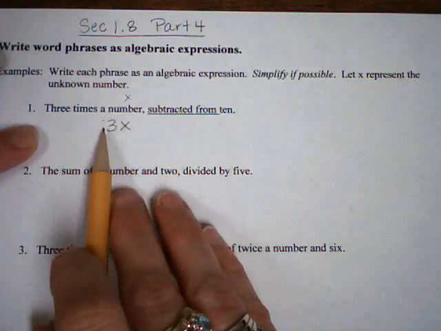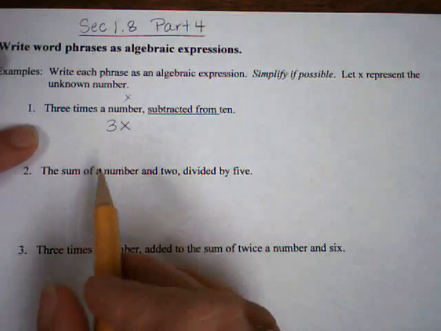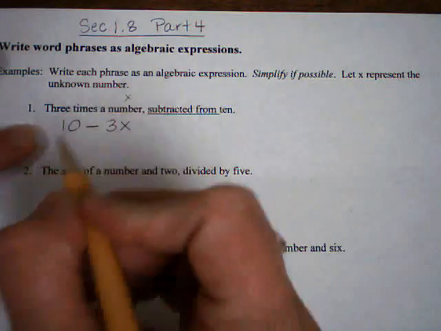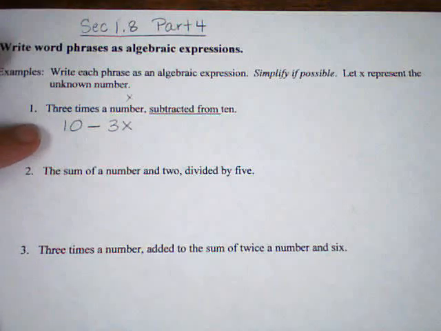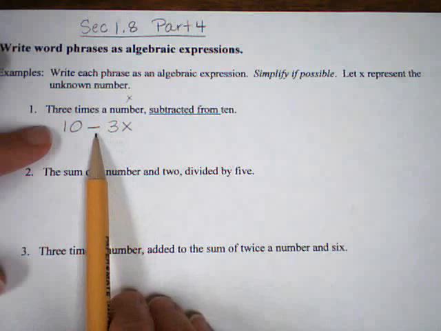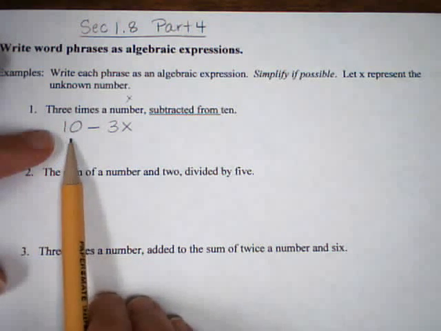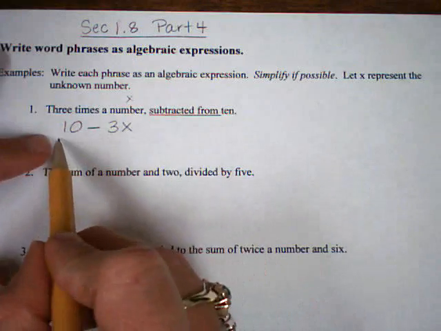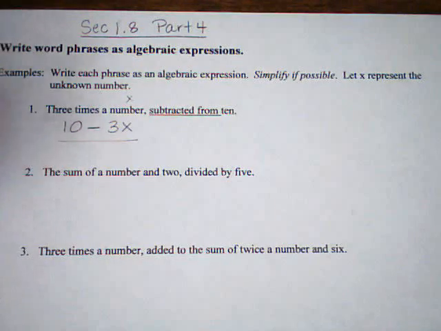So 3x is being subtracted from 10. Look back on your notes. Remember, this means that the 10 is going to come first. So 3 times a number is being subtracted from 10. Can I simplify? No, we don't have any like terms, so that would be our answer.